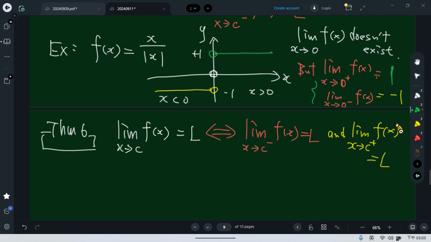Its meaning? If and only if. If and only if means from this side we can conclude that side, and from that side we can conclude this side. So that's why we have an if and only if condition. Right?